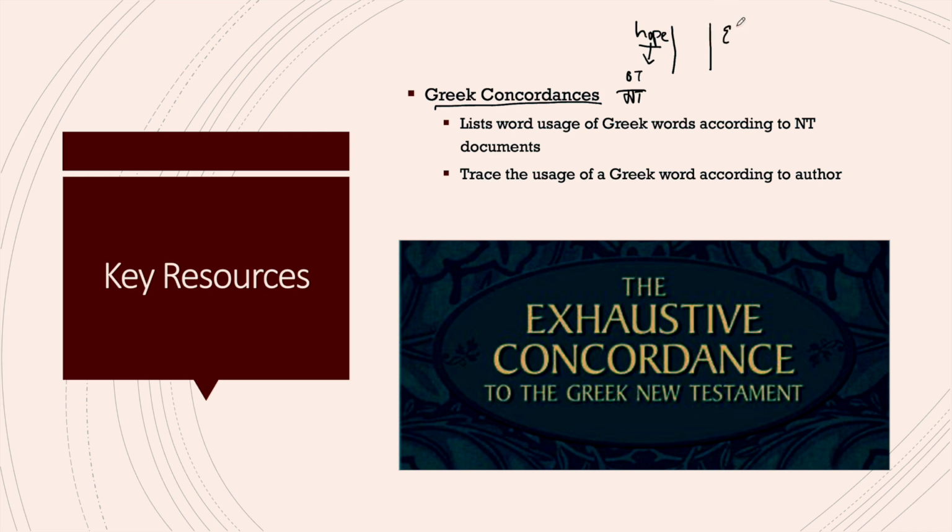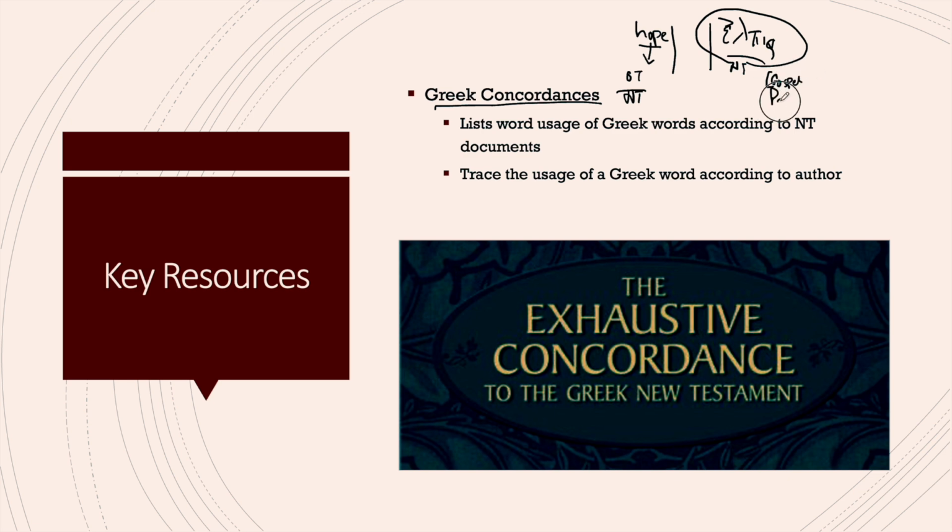But if you have a Greek concordance, you'll see Elpis. You can look up Elpis, and it will list all the New Testament passages where Elpis, hope, occurs. And that's valuable because you can begin to see how the gospel writers use Elpis.